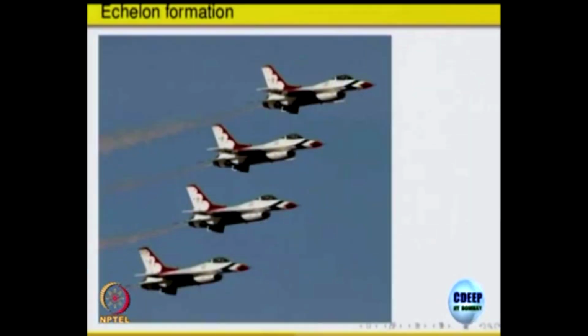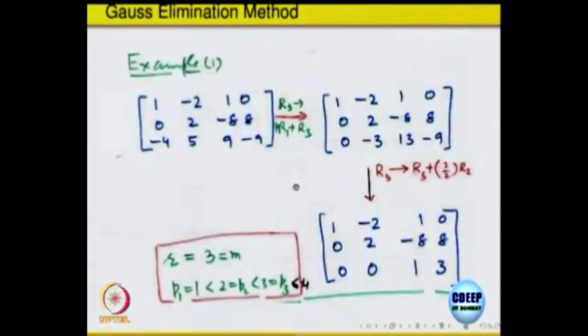So one is behind the other, right? One position is slightly behind. So that position where the non-zero entry is coming is on the right side, that is a formation. So the word echelon basically means formation, a particular formation of something. Okay. I just brought this picture. Now hopefully the word echelon will stay in your mind. It is a formation of one going behind, or a staircase if you want to keep that kind of thing in mind. Okay, so let us look at an example.